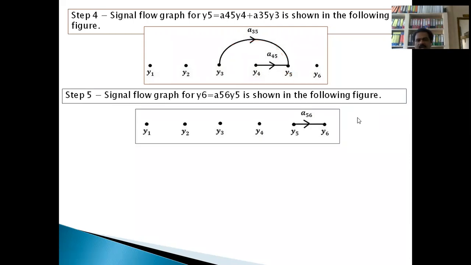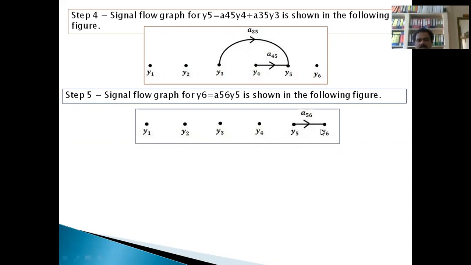Similarly, for the last equation, Y6 is the output, from Y5, and this is input multiplied with gain, you will get output. Okay. Now combine all these 5 steps.